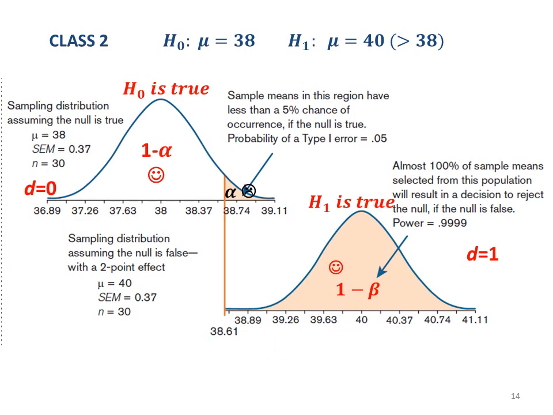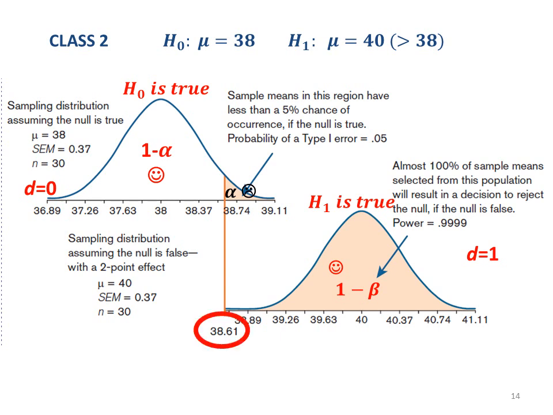For class 2, you can use the same process as we did in class 1, so I won't repeat the details again. To determine the power for class 2, we'll calculate the sample mean corresponding to this cutoff value, and the sample mean is 38.61.